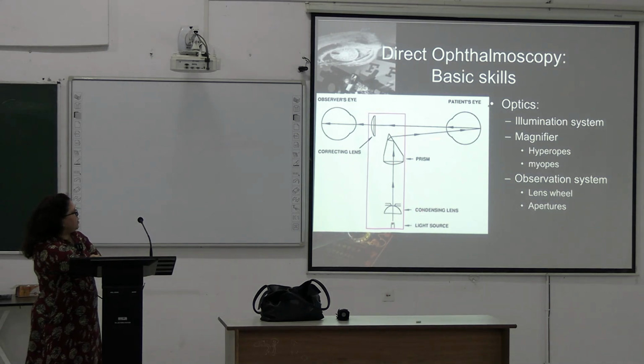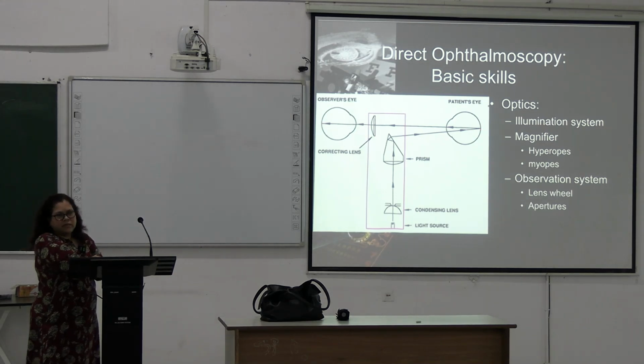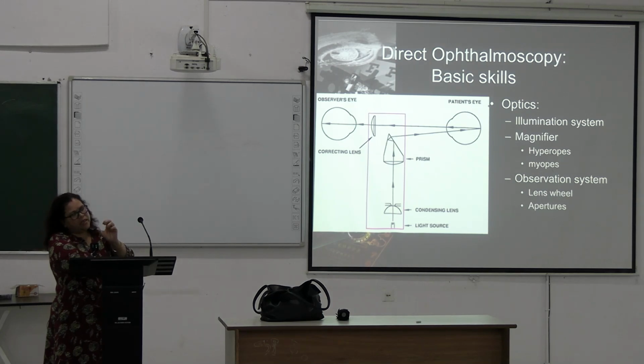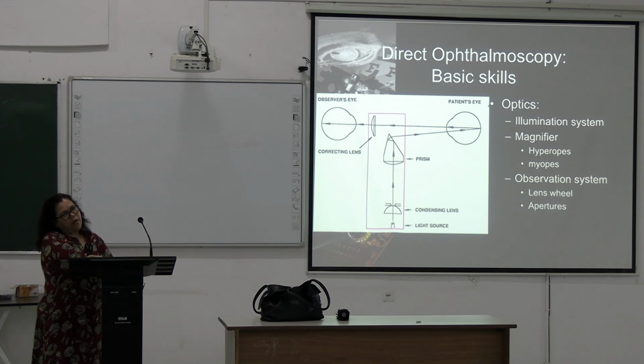Light is coming from here and reflects, and through this eyepiece, the observer sees the image of the fundus. So, optics: illumination system, magnifier, hyperopes and myopes, and observation system is lens, field and aperture. In direct ophthalmoscope, there is an aperture through which we regulate the power of the lens.